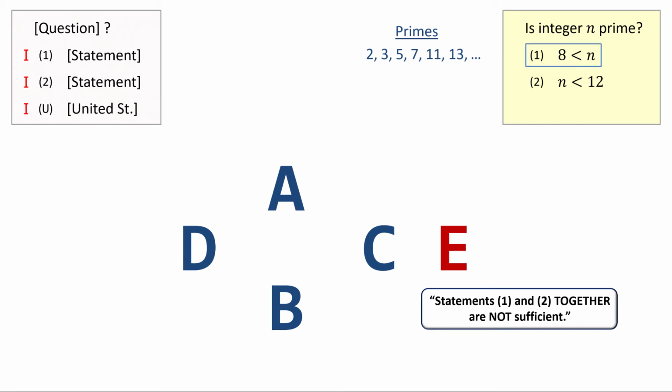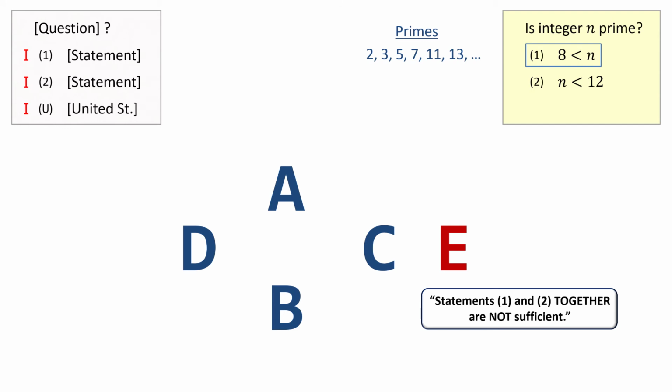Statement 1 tells us that n is greater than 8. This means that n could be a prime number, for example, 11 or 13. But it also means that n might not be a prime number, for example, if n equals 9 or 10.